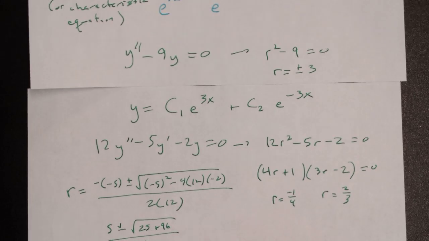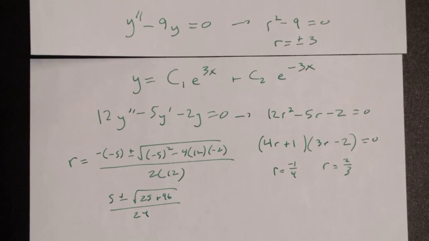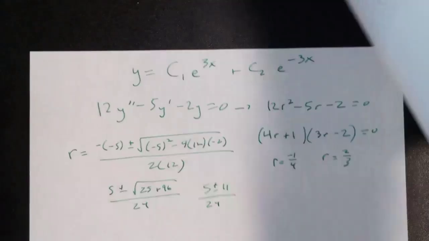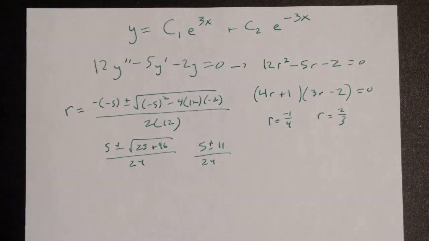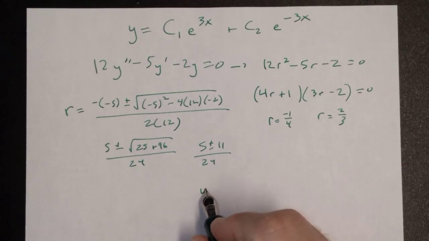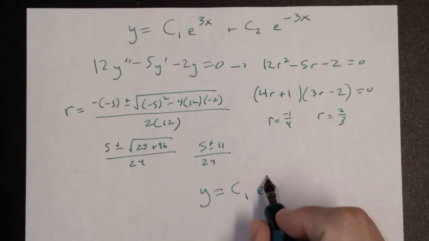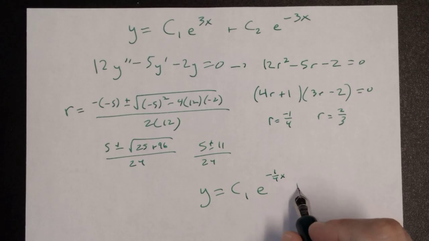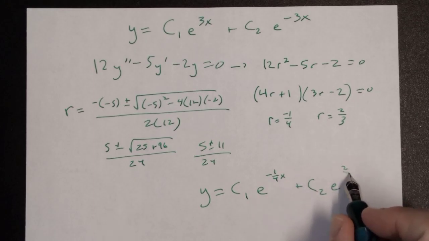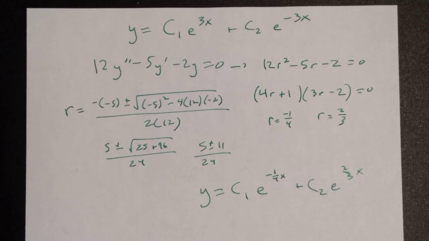Wait a minute. 25 and 96 is 121. Square root is 11. So that's 5 plus or minus 11 over 24. If I subtract, I get negative 6. Negative 6 over 24 is negative 1/4. If I add, 16 over 24 is 2/3. So the solution to my differential equation, and I'm done.